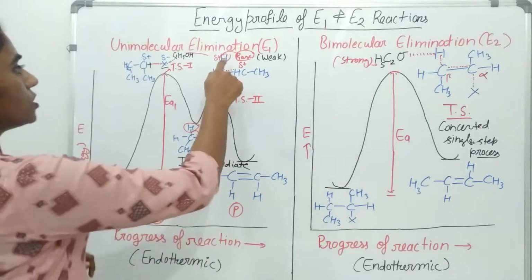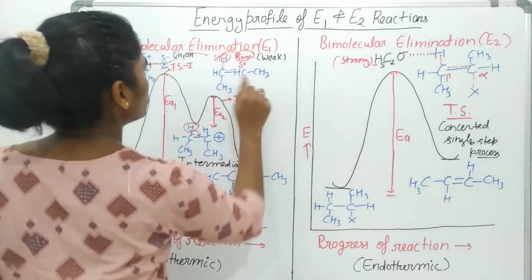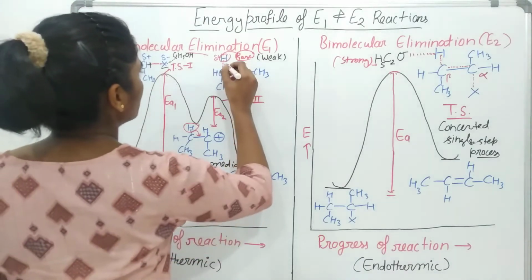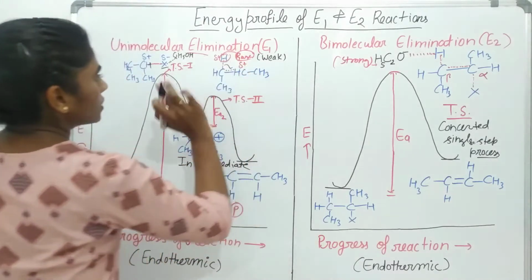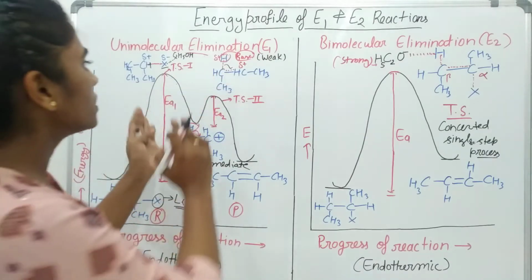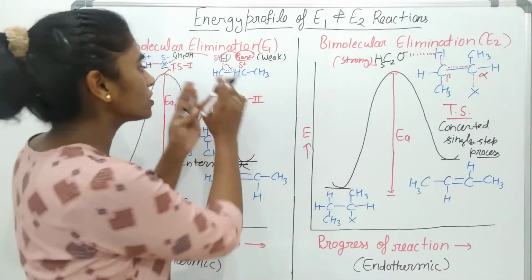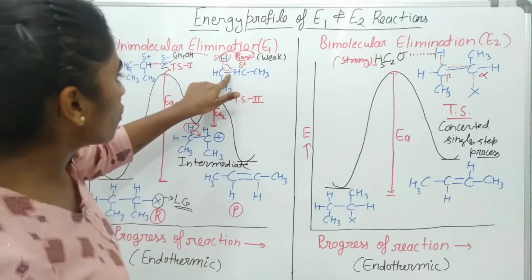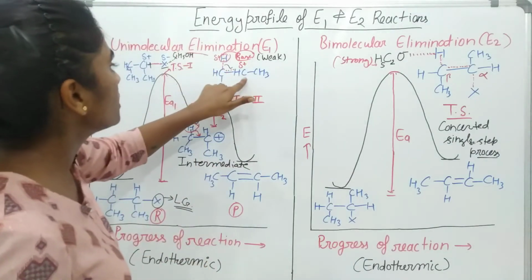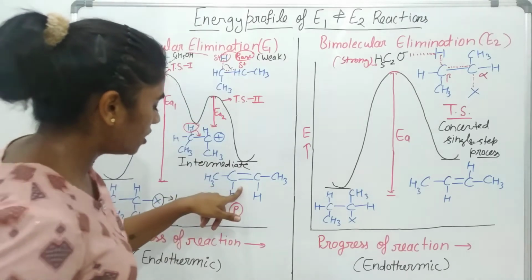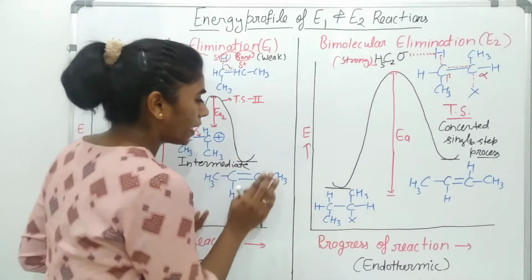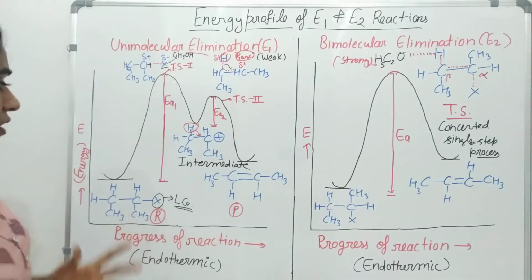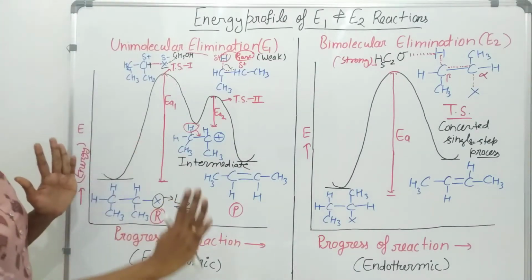Okay, so this hydrogen is going to donate its electron pair to this carbon, between these carbons. So what is going to happen? There is a formation of a pi bond between this carbon and this carbon. You can see here there is the formation of a pi bond. So we can say that this is a two-step process.